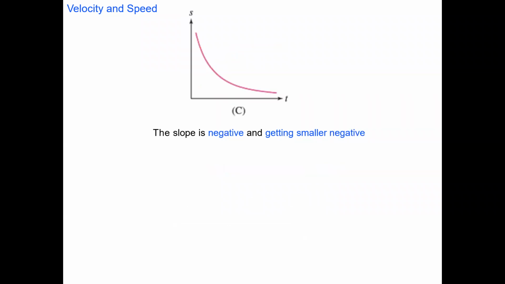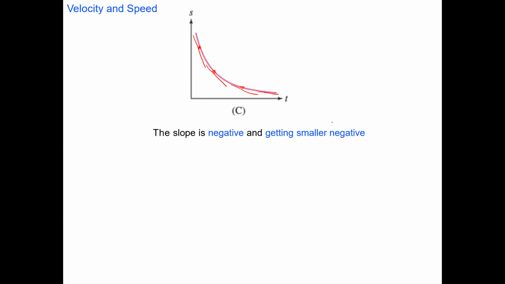Now we have actually negative. And we can see negative slope because the line is getting negative. Okay, we have definitely slope is negative and getting smaller negative because the lines are getting less steep.